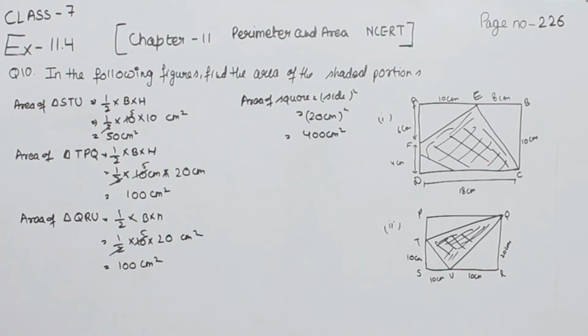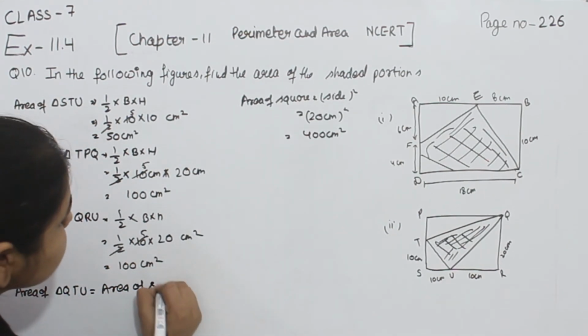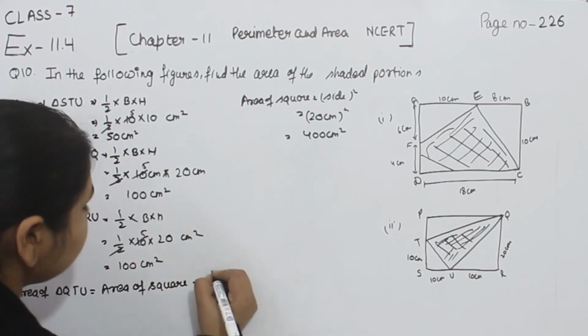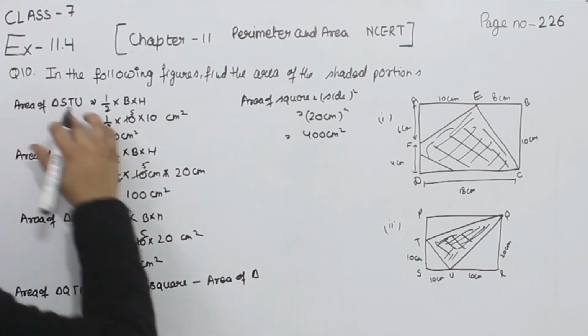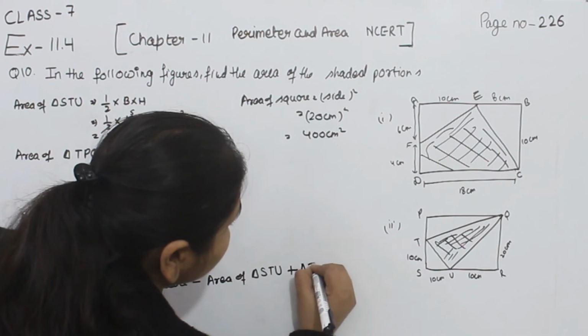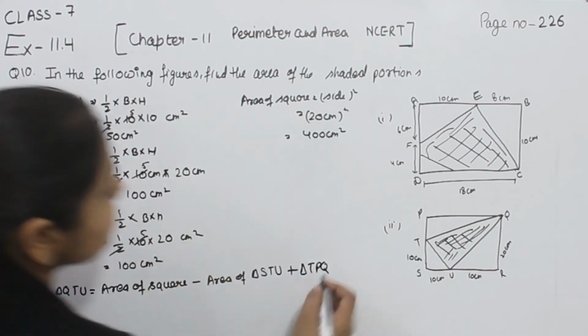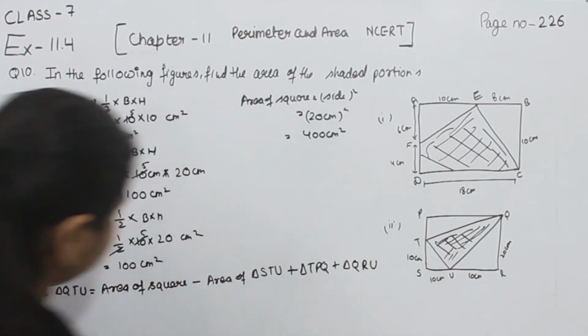So we're going to write here, we have to find the area of triangle QTU. For this one, area of square minus area of triangle STU plus triangle TPQ plus triangle QRU.